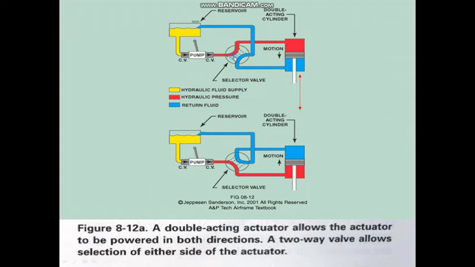This is the selector valve and it will select the hydraulic fluid in this way to make the piston go downside, and when we select the other way, the hydraulic fluid will go up and the piston will go to the up position. This is called a double acting actuator system.